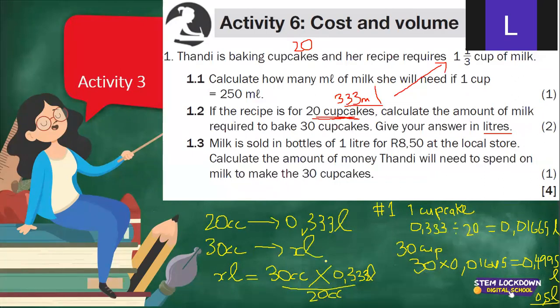I'm sure all of you know this method, just cross multiplication. This needs to go to the top so that it can be the subject of the formula. This will go to the bottom, and then this will go to the top. You'll be dividing by 20 and multiplying by 30.